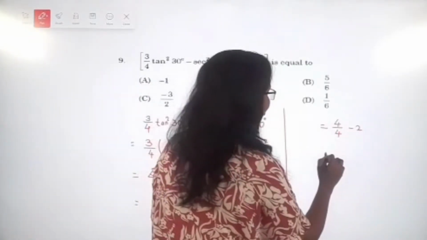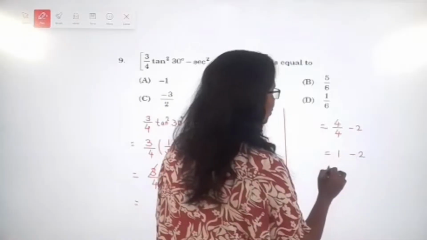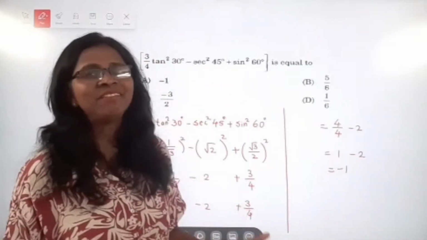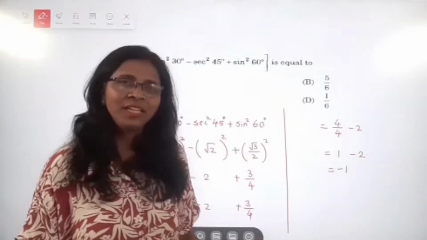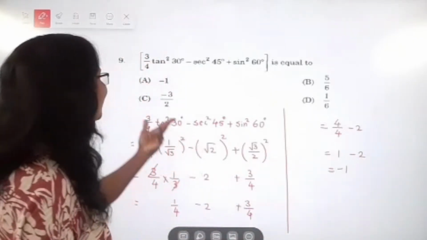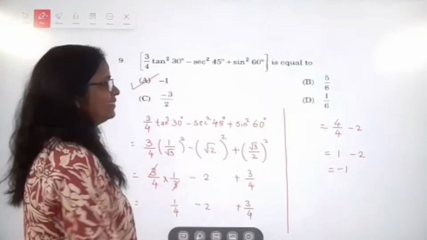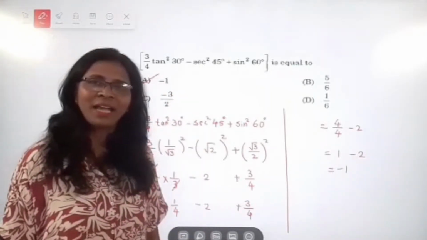So 1 minus 2 is equal to minus 1. This is the value of the given quantity, so the correct option is A, minus 1.